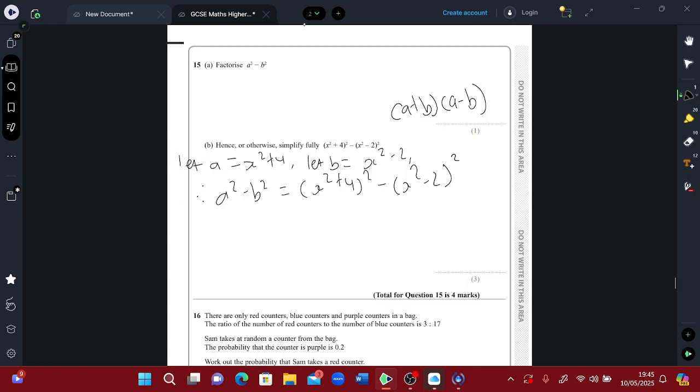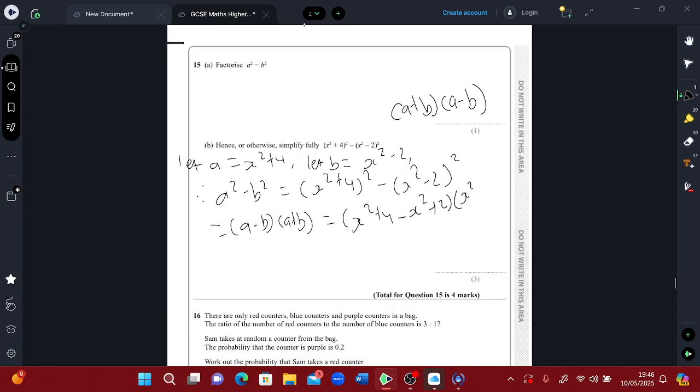And then therefore we can use the same result. And that's going to be a minus b, a plus b, which is simply x squared plus 4 minus b, which is minus x squared, minus minus 2, which goes to plus 2, and then a plus b.